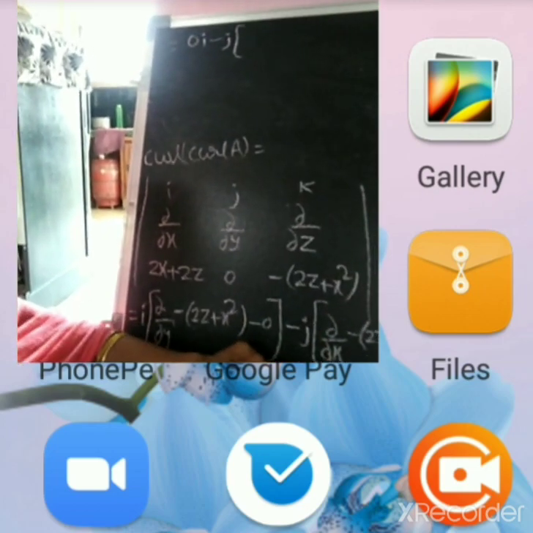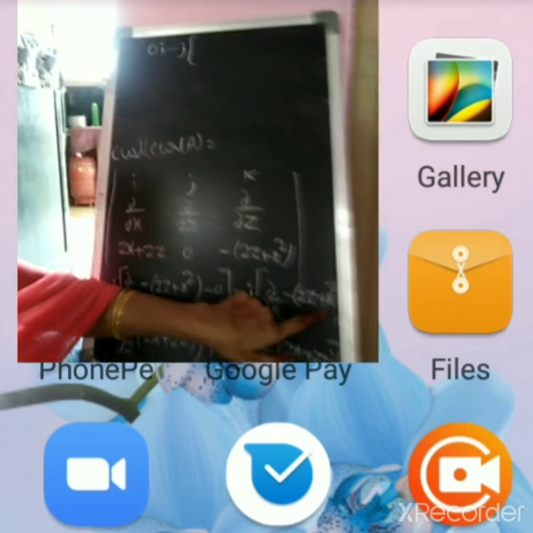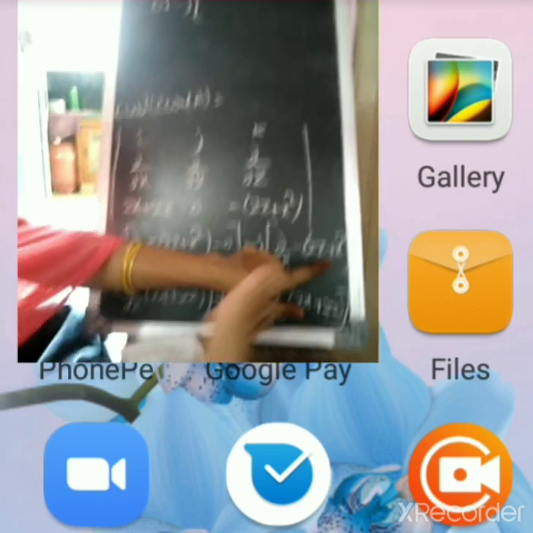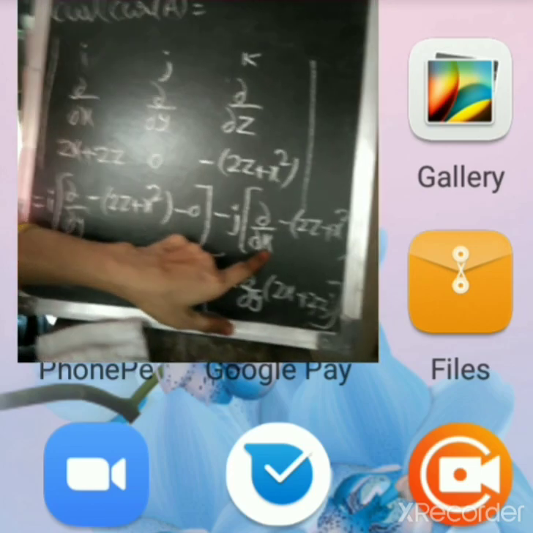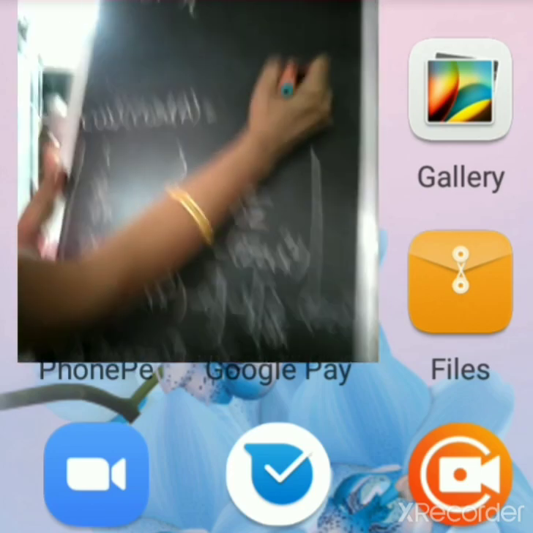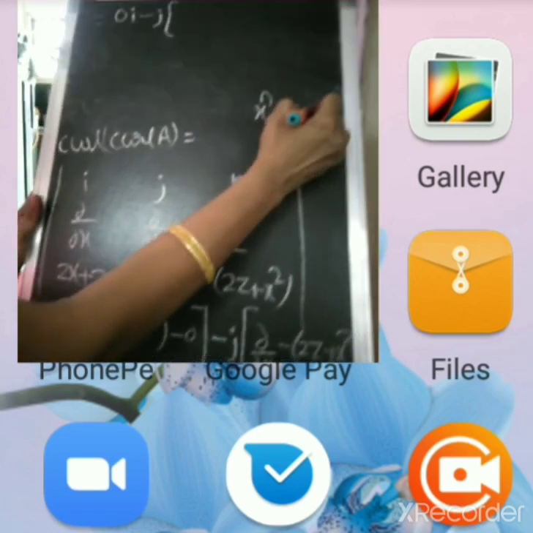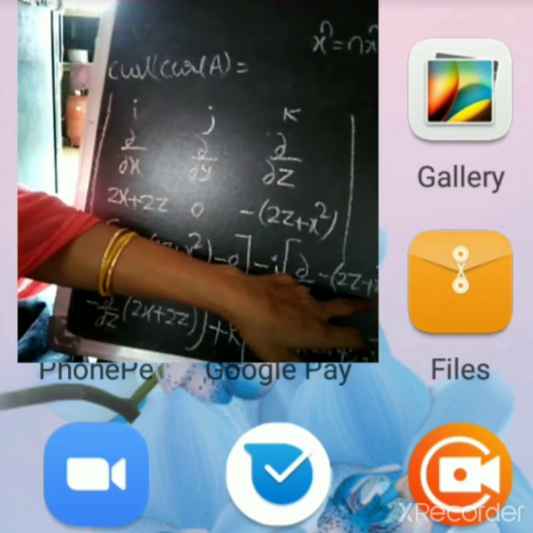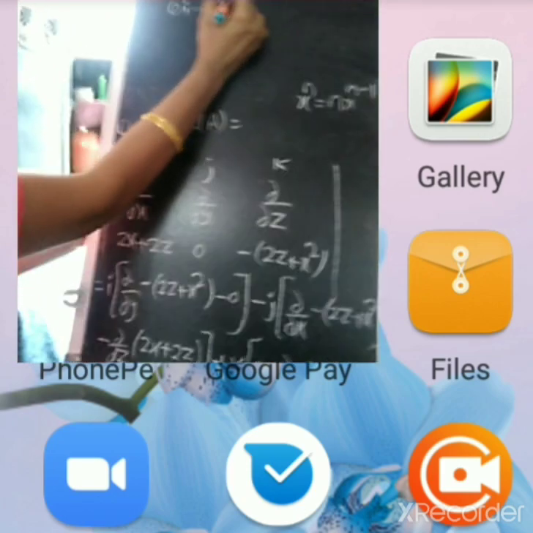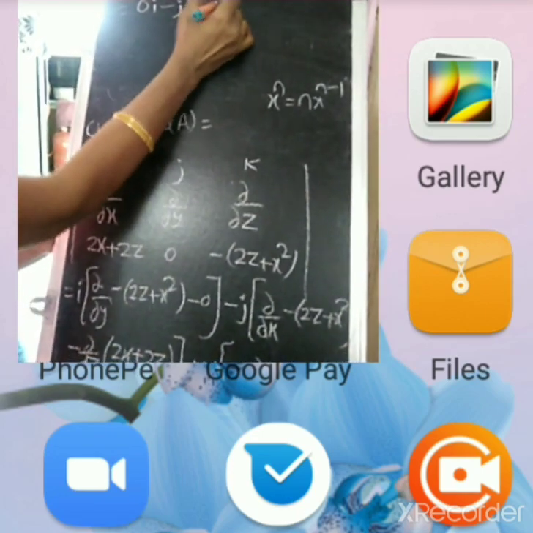So next minus j into dou by dou x of minus 2z minus x square. Here minus 2z is 0 and minus x square. With respect to x, we know the differentiation of x power n is n into x power n minus 1. So like that, here x square gives 2x, so minus 2x.